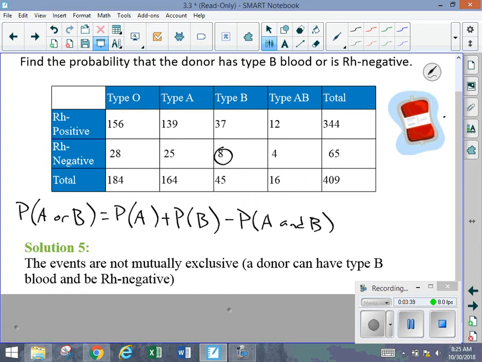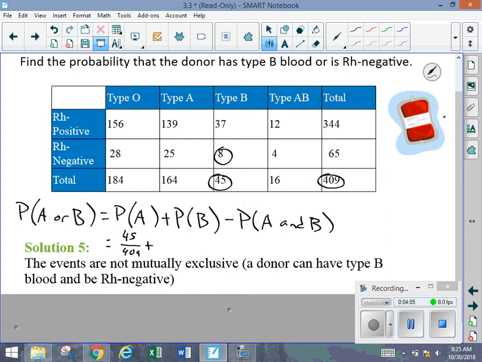In this case, the probability that a person has type B blood: this is the total right here of people that have type B blood, and here's our total possibilities. So that's going to be 45 over 409. Plus the probability that they're Rh negative.